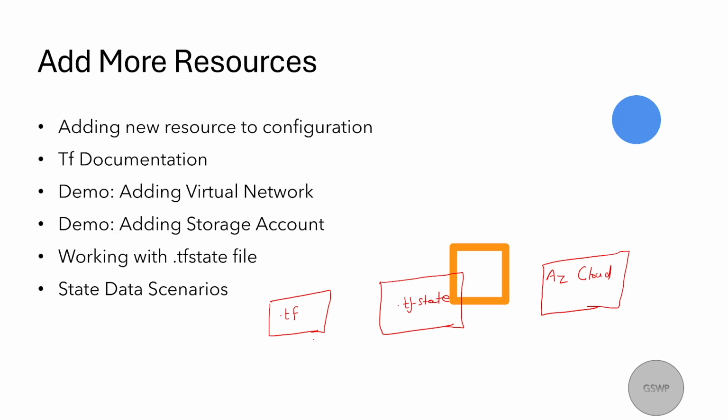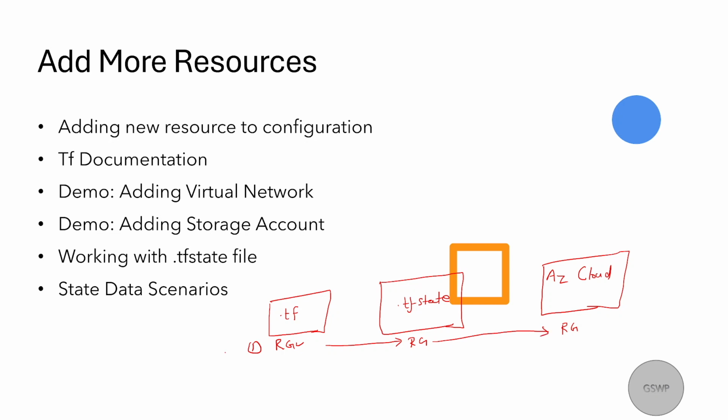Now the first scenario is when you are creating your resources using Terraform. For example, you have written your code for a resource group here and then you try to deploy it. Then this resource group will also be present here, and also here. So this will create this resource group in the TF state and also in the cloud.